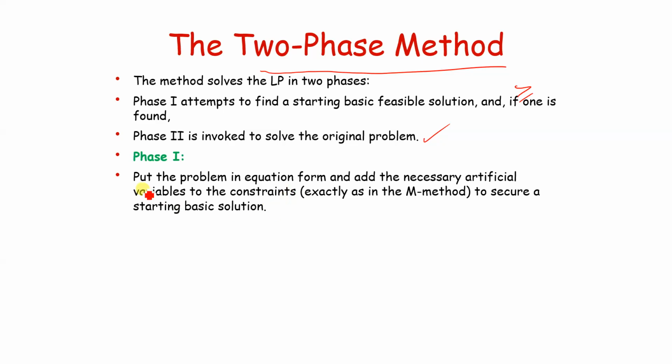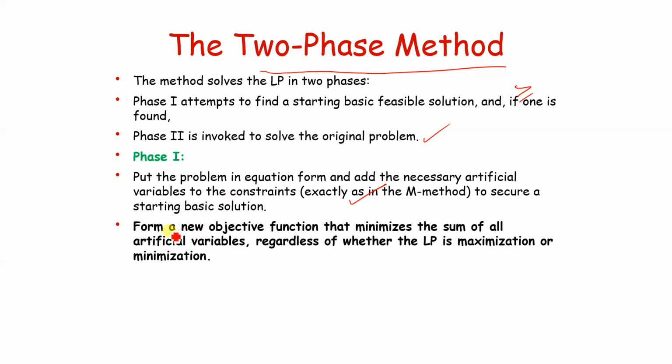In phase one, we start with the problem by putting it in equation form and add the necessary artificial variables to the constraints, as we did in the M method, to secure a starting basic solution. And we form a new objective function that minimizes the sum of all artificial variables, regardless of whether the LP is maximization or minimization. In both cases, we have to minimize the sum of all the artificial variables under the given constraints.